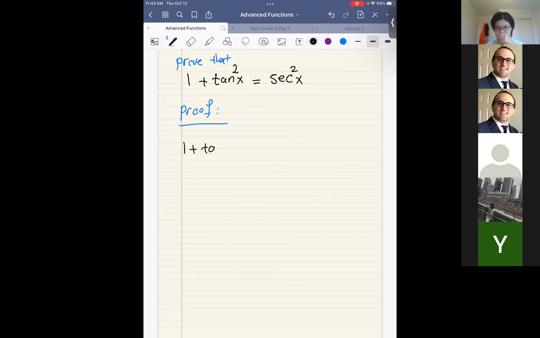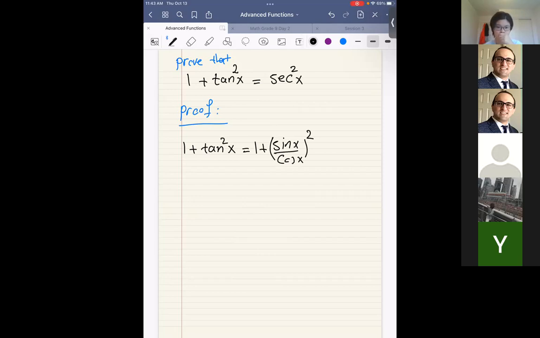Whenever they want you to prove something, you have to go step by step and use definitions or some well-known identities at each step. So here I just use the definition of tangent. It's 1 plus sine over cosine, which is the tangent square, right?